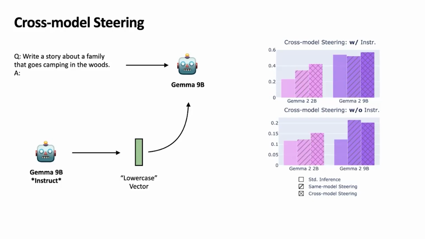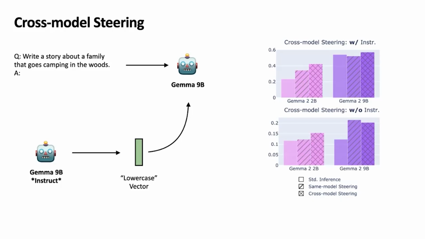A couple of works showed that the weights of models that undergo post-training, RLHF, or any kind of post-training don't change that much. This is one of the reasons why we ran this experiment: there was a hypothesis that this might work.